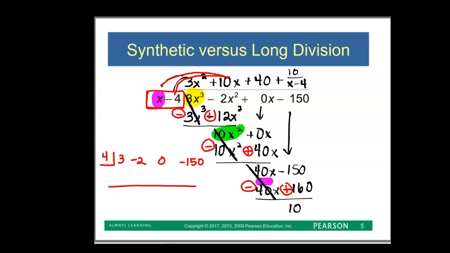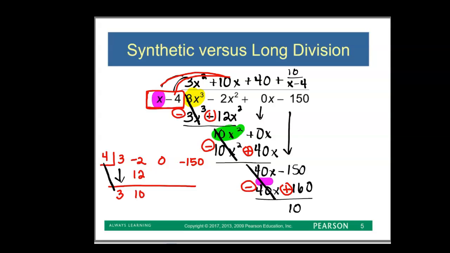By synthetic division, the steps in the process are to bring down the first term. So we bring down that 3, and then we begin a series of multiplying and adding. I'm going to multiply 4 times 3, which gives me 12. So I record it right here.